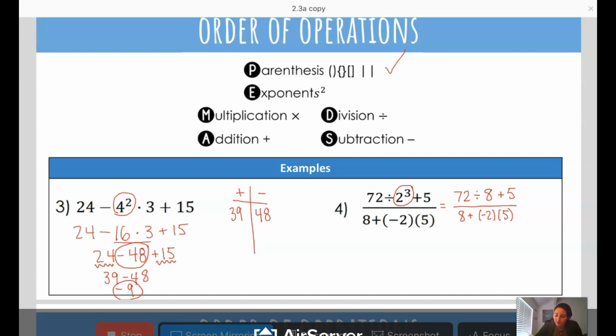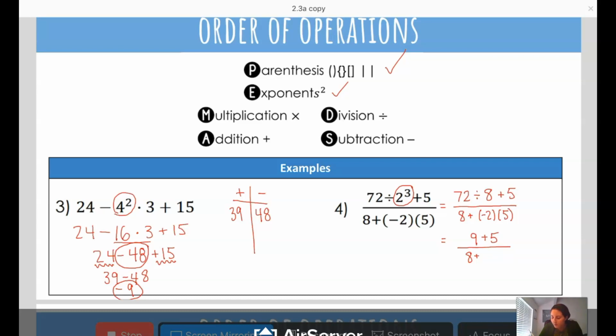All right, I did my exponents, so is there any multiplication and division? Yep, there's division on top, so I need to simplify that. 72 divided by 8 is going to get me 9, and then bring down that plus 5. All over 8 plus, well, there's multiplication on the bottom, so I can simplify that.